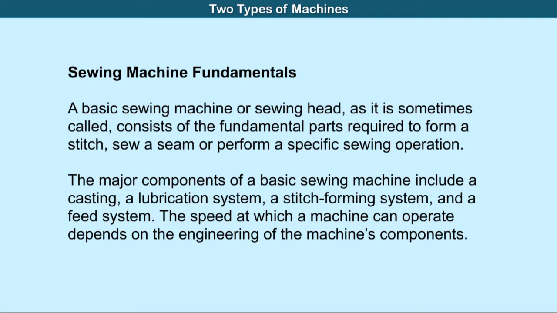The major components of a basic sewing machine include a casting, a lubrication system, a stitch forming system, and a feed system.